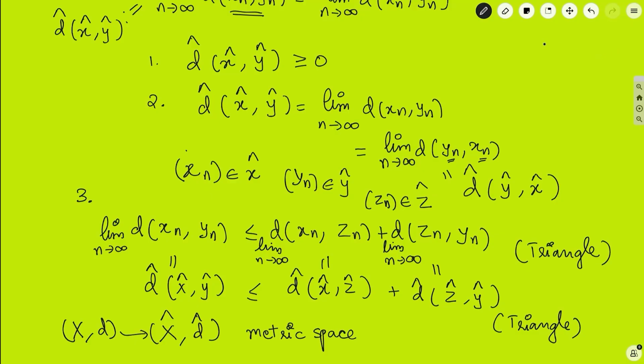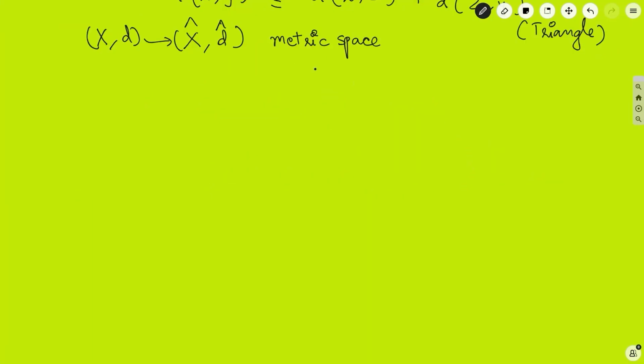Okay, so the next part of the proof is to show the original space is in this new space. The original metric space is already there in this space that we created using the equivalence classes of Cauchy sequences. How is that possible?